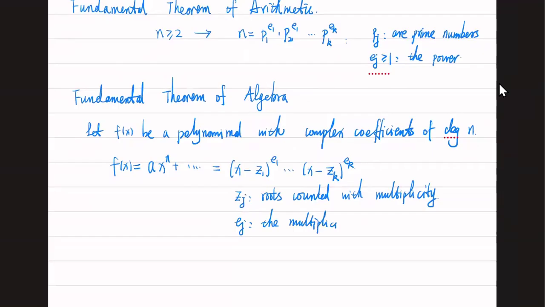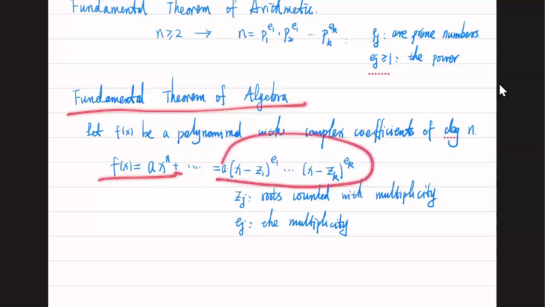Oh, I forgot the coefficient a over there. This is the fundamental theorem of algebra. Any polynomial can be decomposed into the product of these linear factors.